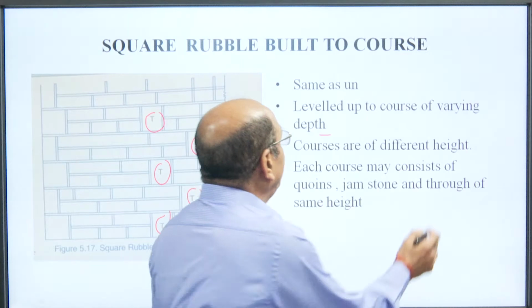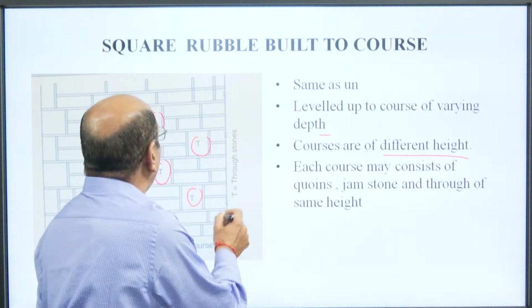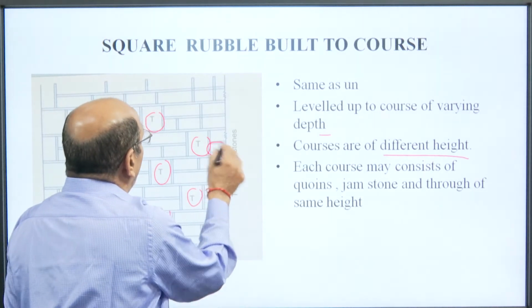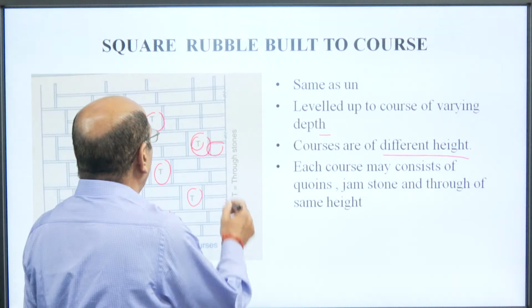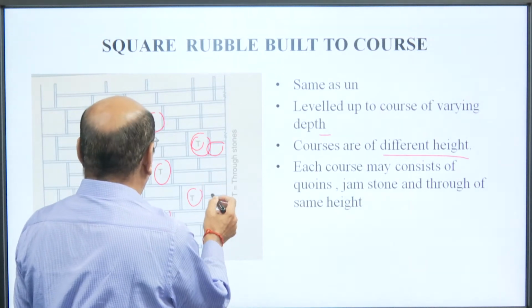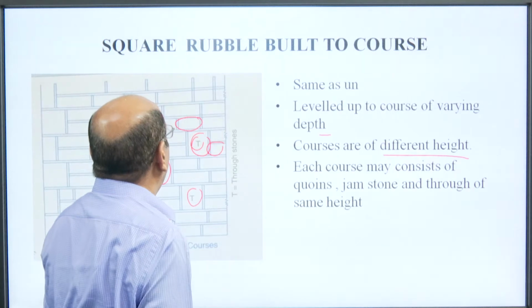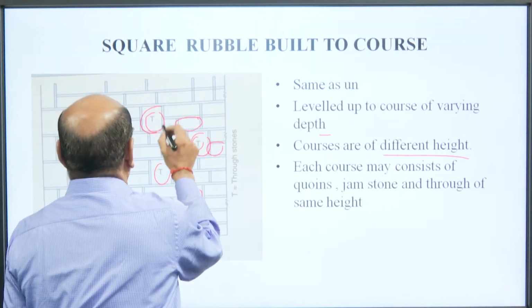Courses are of different height. We can see here this stone's height is lower than this T stone, and this stone has a different height than this one.